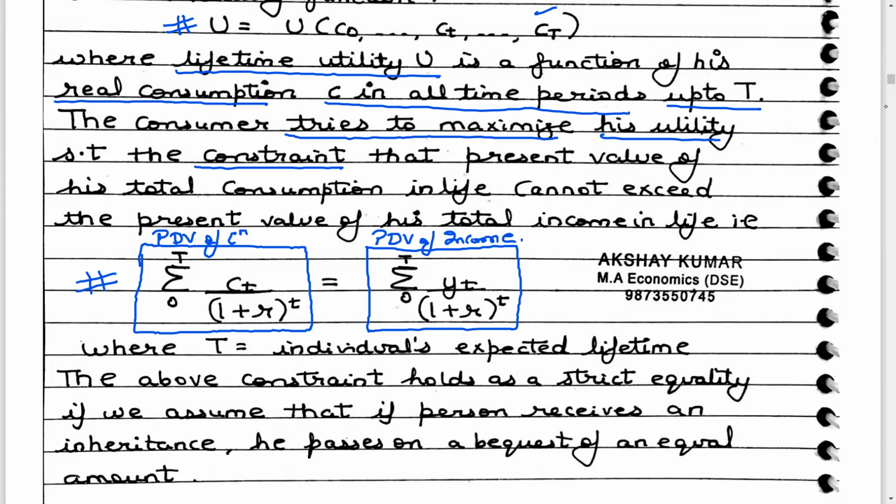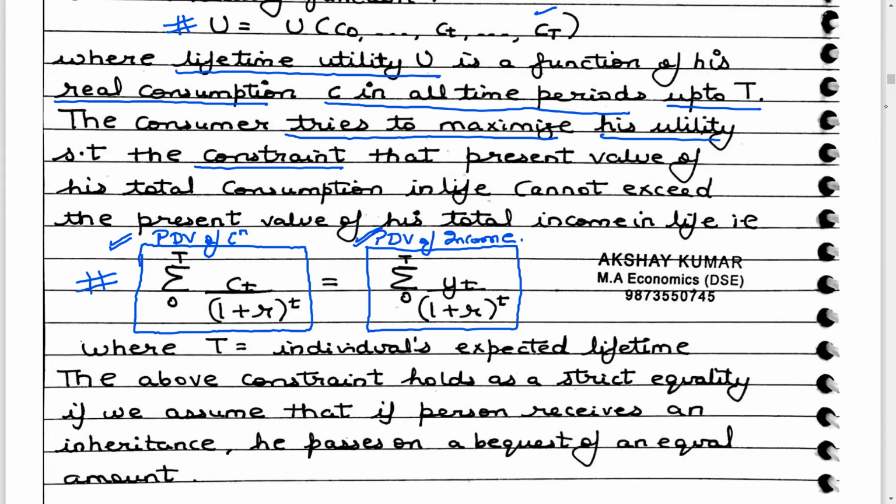It is nothing but C0 plus C1 upon 1 plus R plus C2 upon 1 plus R square, and we extend it to C capital T upon 1 plus R to the power capital T. This is the present discounted value of consumption. Similarly, Y0 plus Y1 upon 1 plus R plus Y2 upon 1 plus R square, and we can extend it to Y capital T upon 1 plus R to the power capital T.